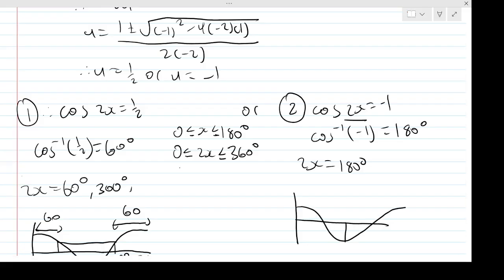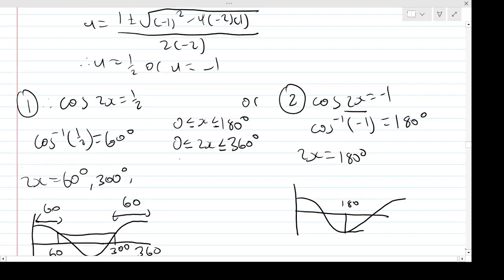Well, 180 is going to be there. Well, actually, if you read off the graph, between 0 and 360, so 360 there, that's my only solution between 0 and 360. 180 is the only solution there, really.